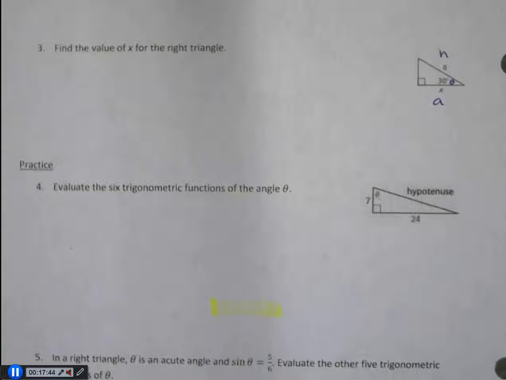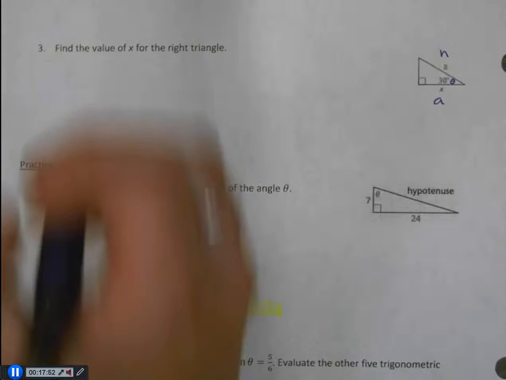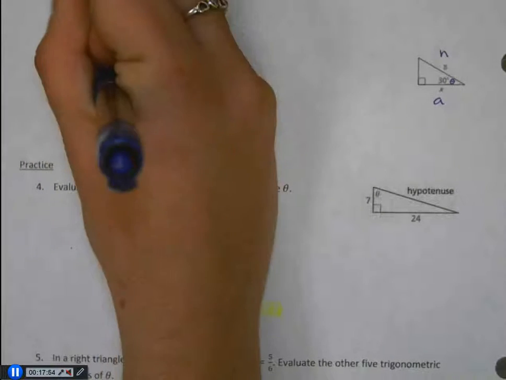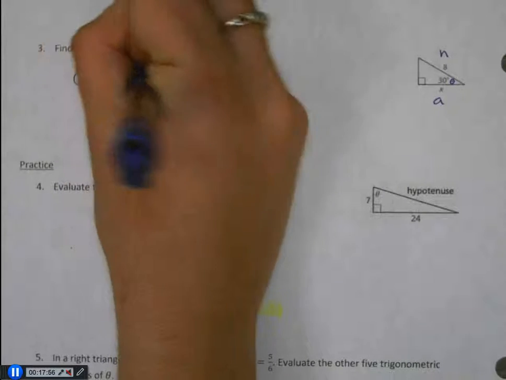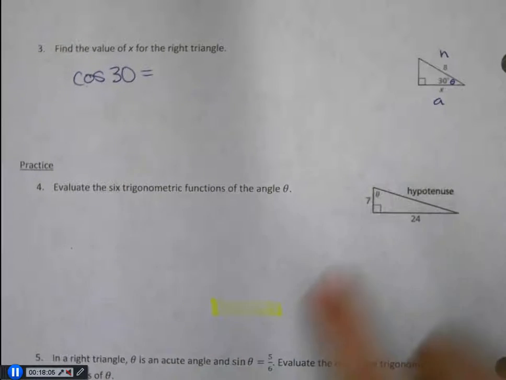Which trig function do I want to use? Which one has adjacent and hypotenuse? Cosine. So I'm going to do cosine of 30, and then equals, what's my adjacent? Because cosine is adjacent and hypotenuse.